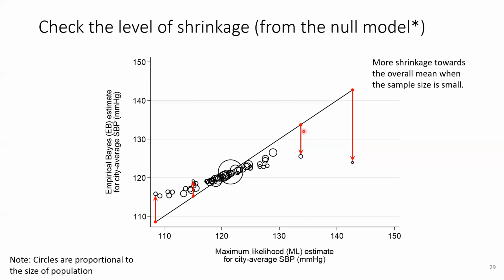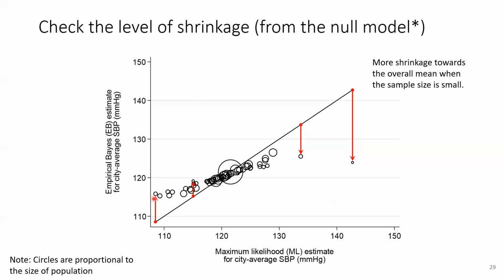Similarly, for this city, the observed mean was 134 or 135, but the estimated mean is about 125. And at the lower end, for this city, the observed mean was less than 110, but the estimated mean is 115.